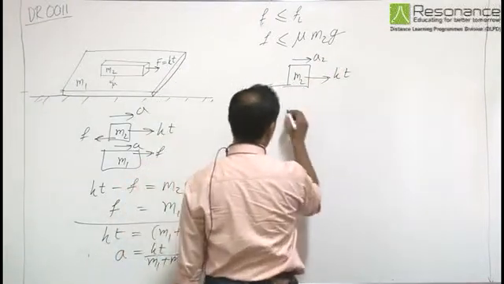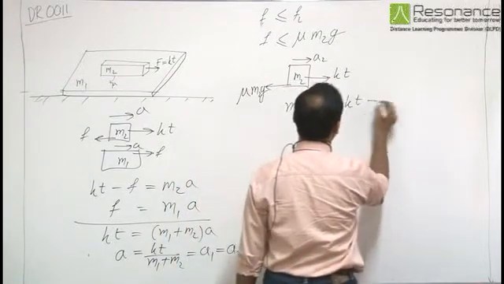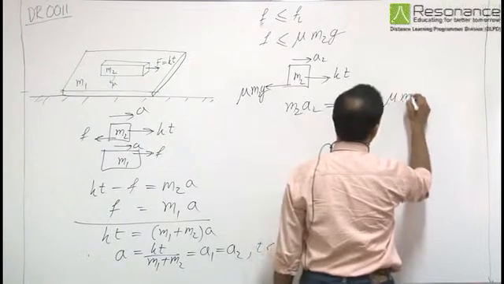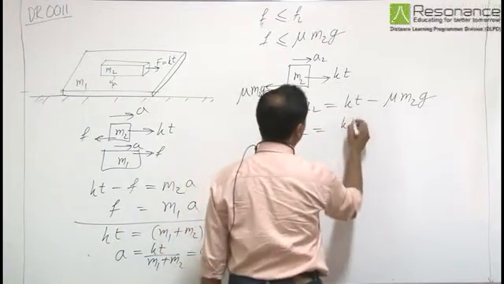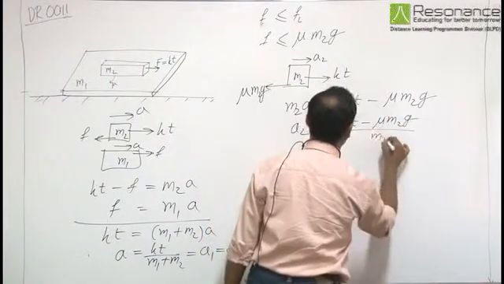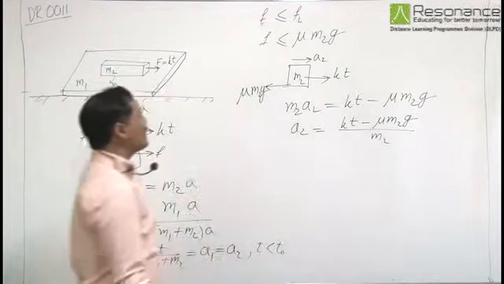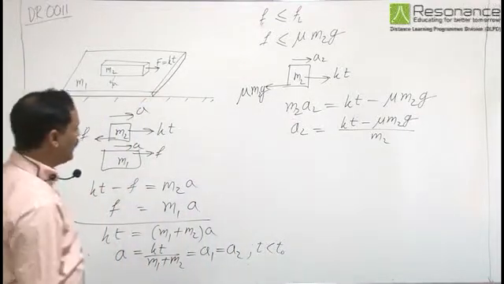So we can write m2 a2 is equal to kt minus mu m2 g, or a2 is equal to (kt minus mu m2 g) by m2. This is the acceleration of the bar when friction has reached its limiting value.